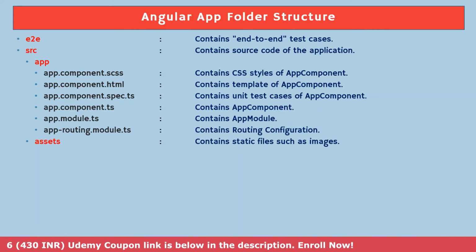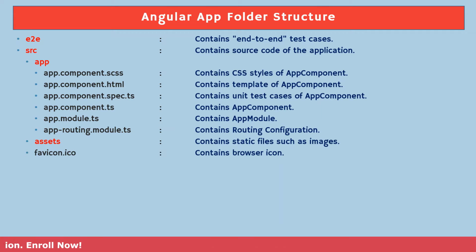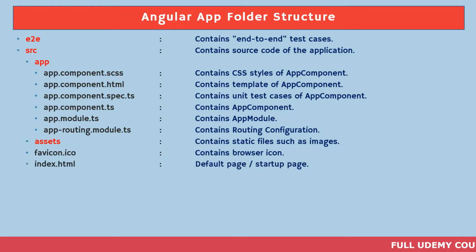The assets folder contains static files such as images, PDF files, etc. The favicon.ico file is the icon that appears in the browser location bar. The index.html file is a startup file which will be loaded into the browser when the application runs.